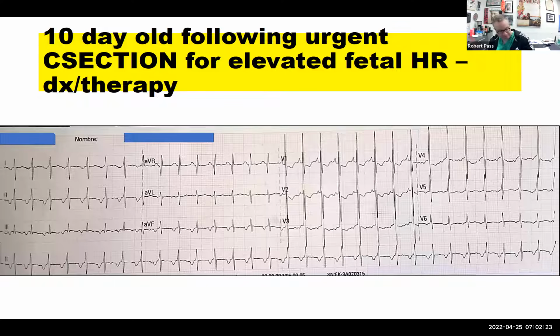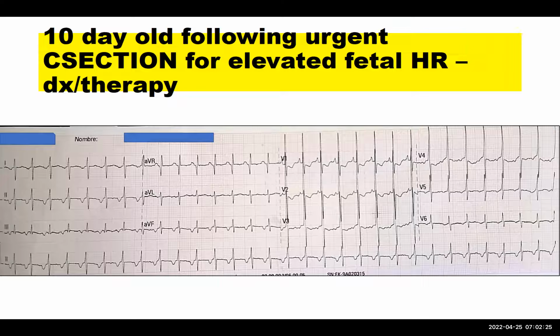It's regular. QRS is narrow. Axis is indeterminate. And I don't see any signs of RVH or LVH. And T waves are non-specific, I would say.